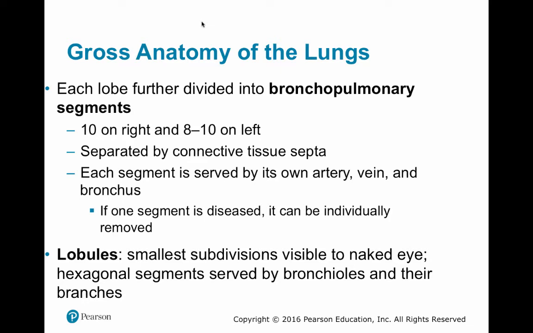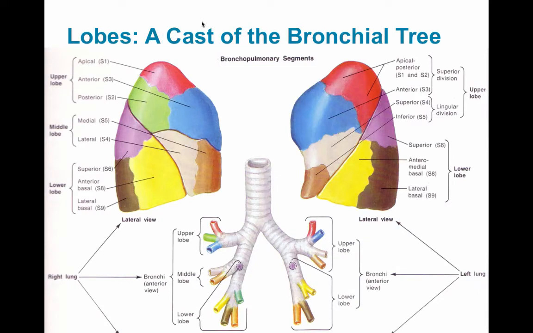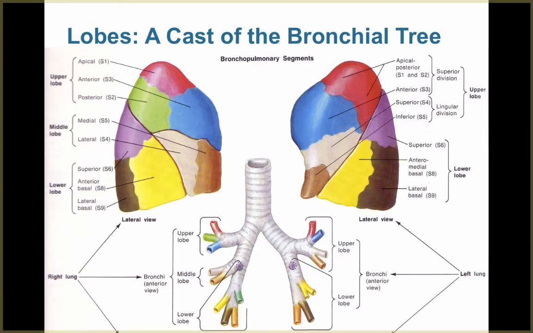The lobules are the smallest subdivision that you can visibly see with the naked eye, and these are hexagonal segments served by the bronchioles and their branches. You can see these as we're looking at them. These are the bronchial trees.